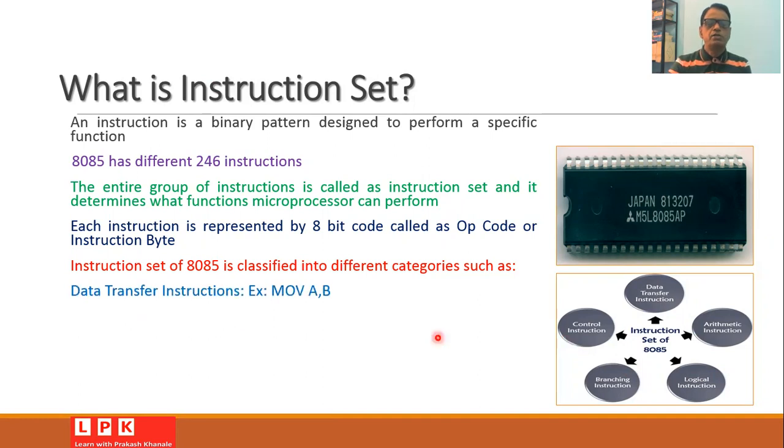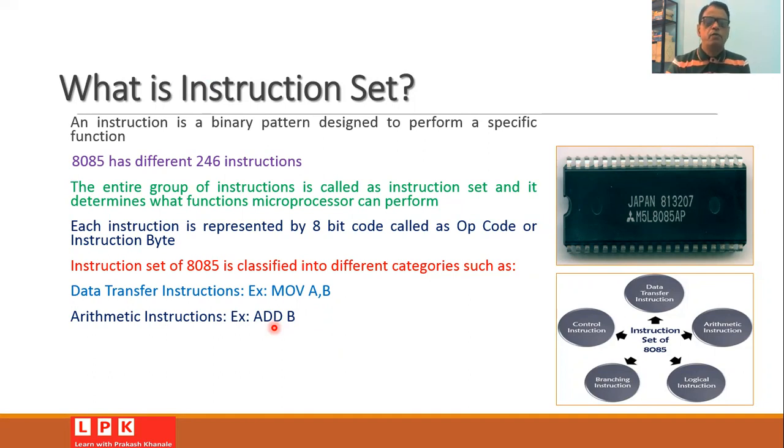Data transfer instructions are used to move the data from one register to another register or from register to memory. For example, whenever we write an instruction such as MOV A, B, then we are making use of a data transfer instruction. Arithmetic instructions are used to perform arithmetic operations such as addition, subtraction, increment, and decrement.